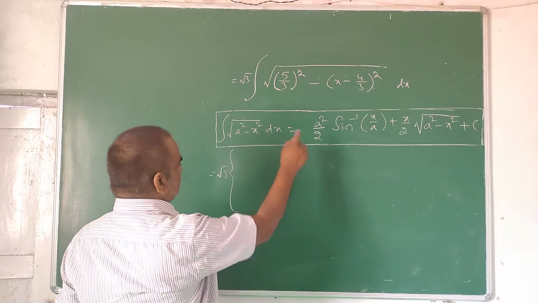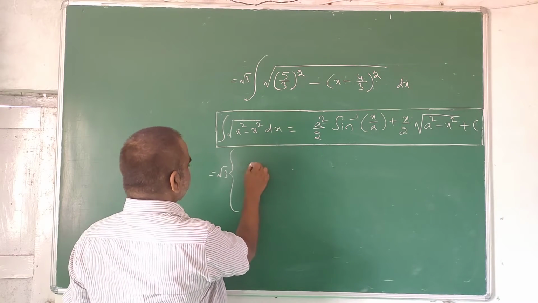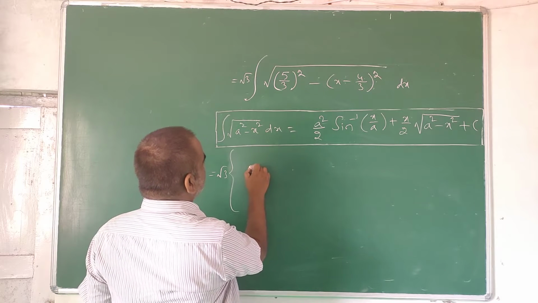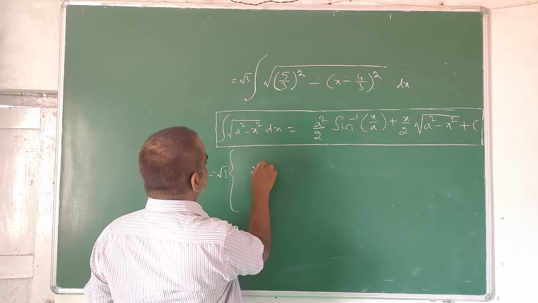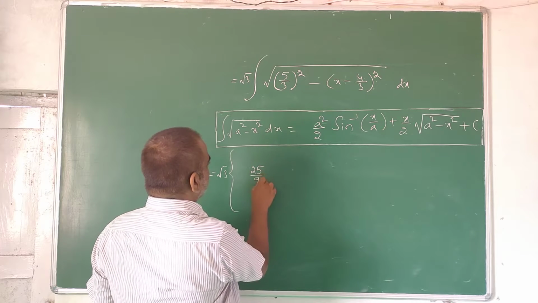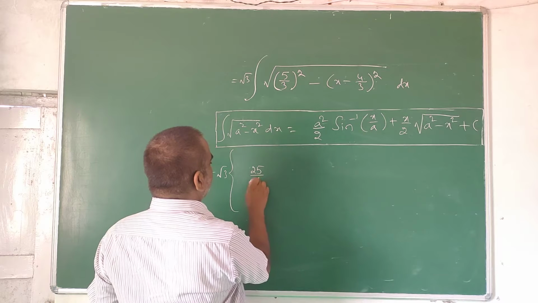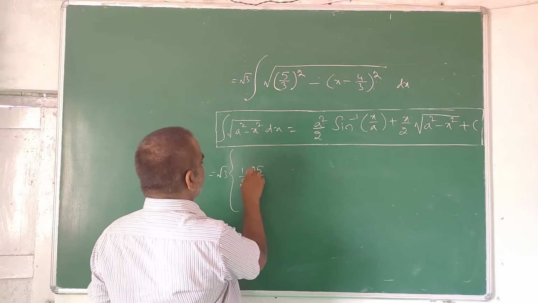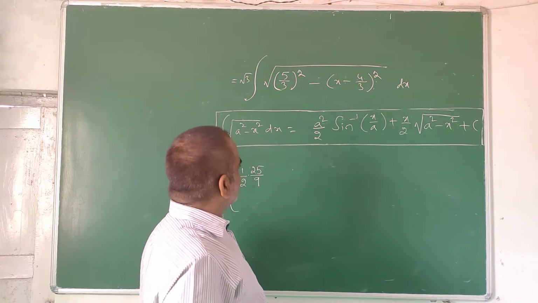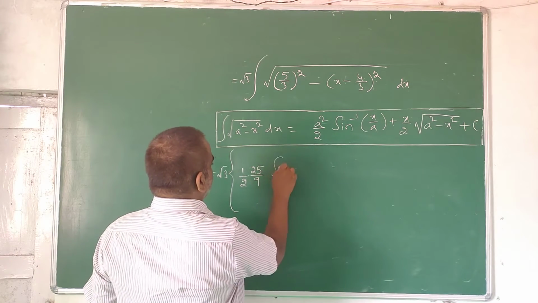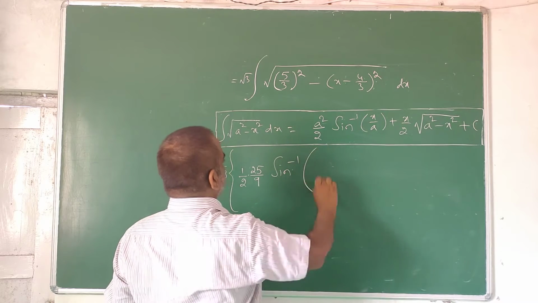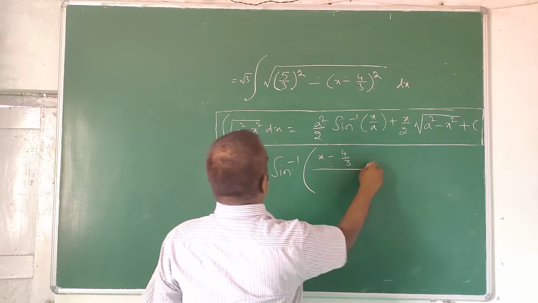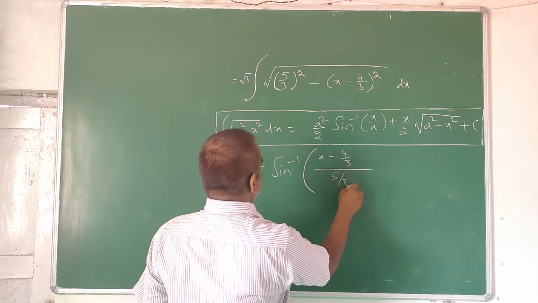So if you go ahead, a square means 5 by 3 whole square, which is 25 by 9. A square by 2, so it will be 1 by 2 into 25 by 9 into sine inverse x by a. X means x minus 4 by 3, by a means 5 by 3.